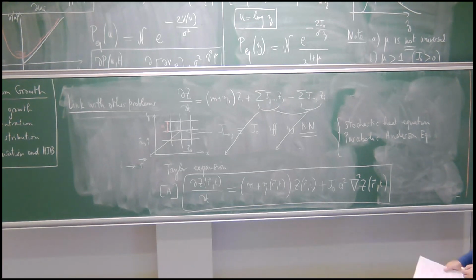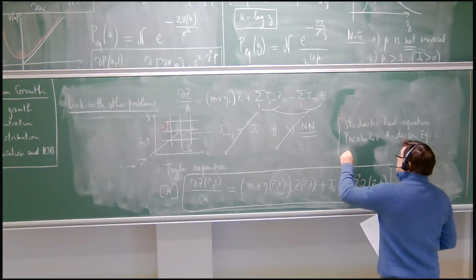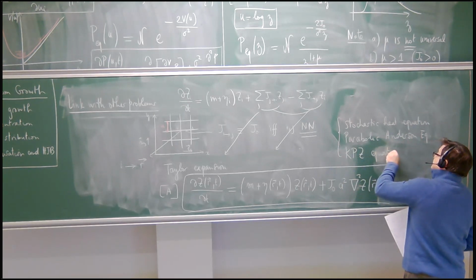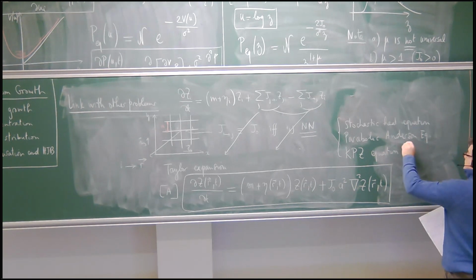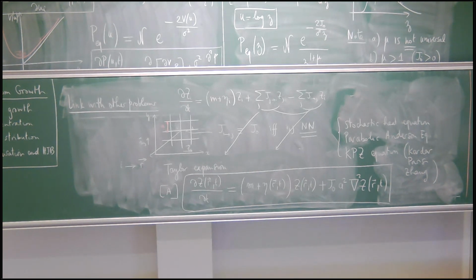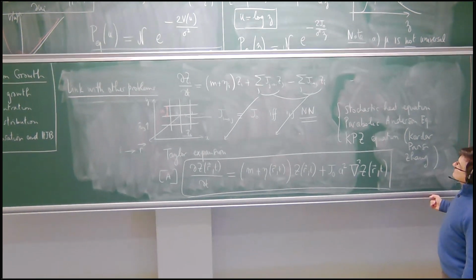And as I'm going to allude to later on, it's also related to what's called the KPZ equation, after three theoretical physicists, Kardar, Parisi, and Zhang, that, as I said, has become one of the totem equations in theoretical physics.